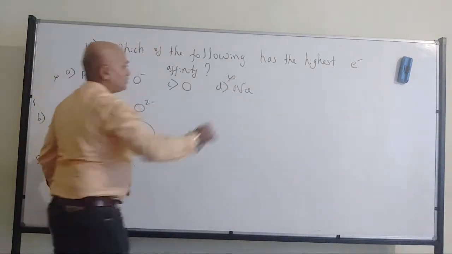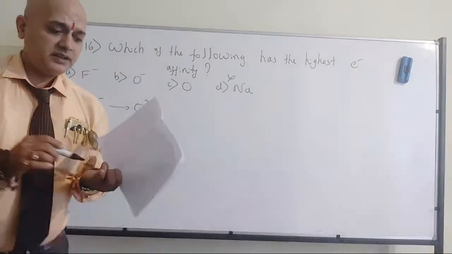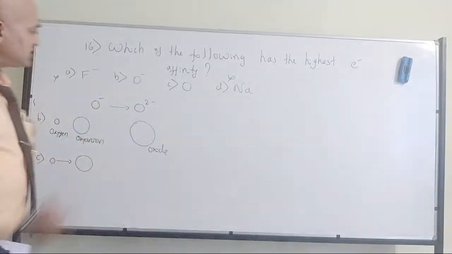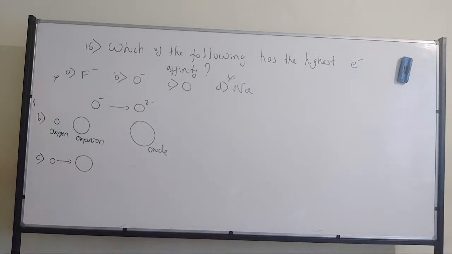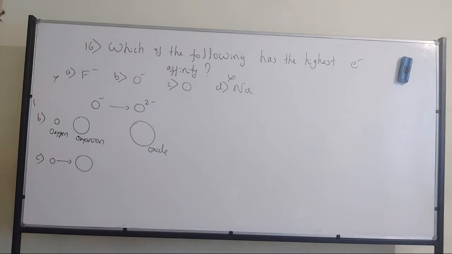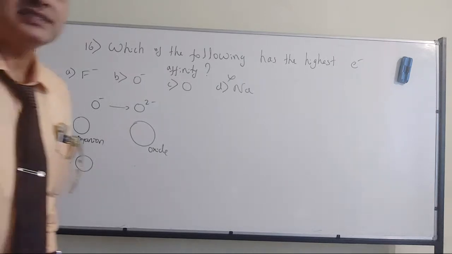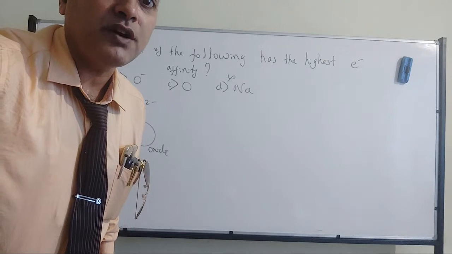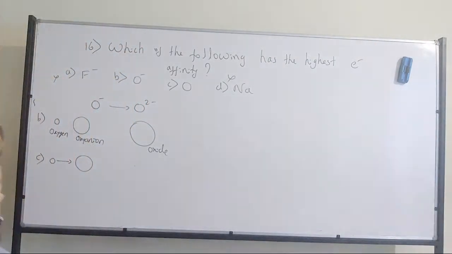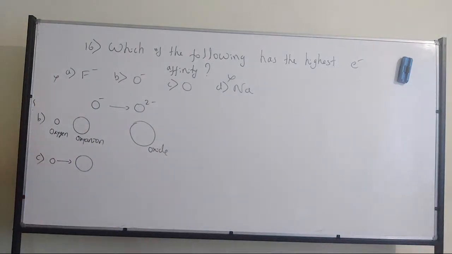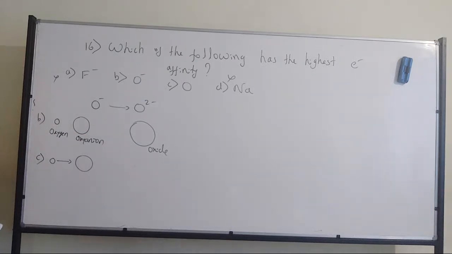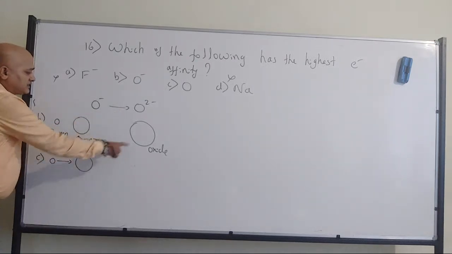Now sodium, no, it cannot be. All of us know that sodium cannot be. So if you see the structure, I have written the atomic size. Which one do you feel is better, option B or option C? Some of you have written option C. I have written the atomic size or atomic radius, or here in this case ionic radius.